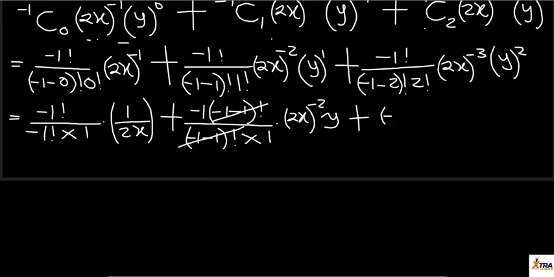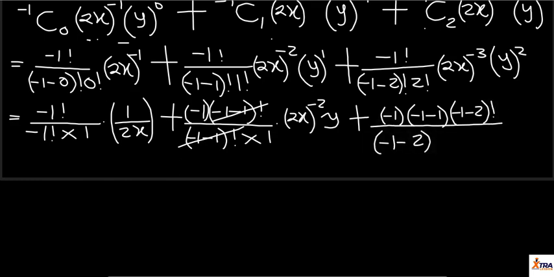I'll have minus 1 times minus 1 minus 1, then minus 1 minus 2 factorial, so that I can cancel the similar one beneath. So here I'll be having y squared, and this one will be y over 2x all raised to the power 3, which I can also express in that form.